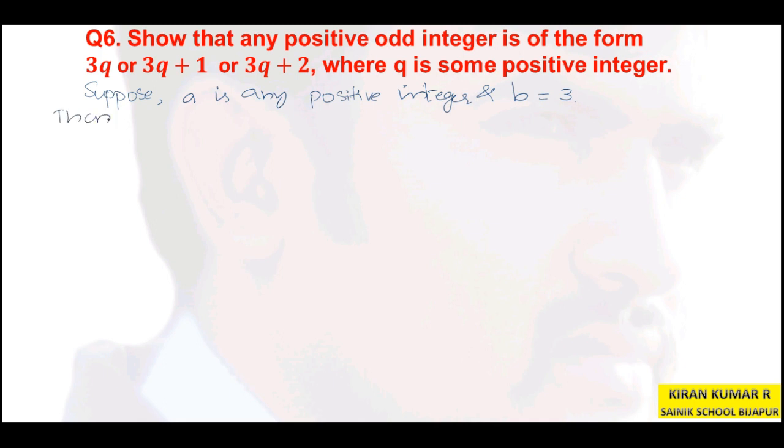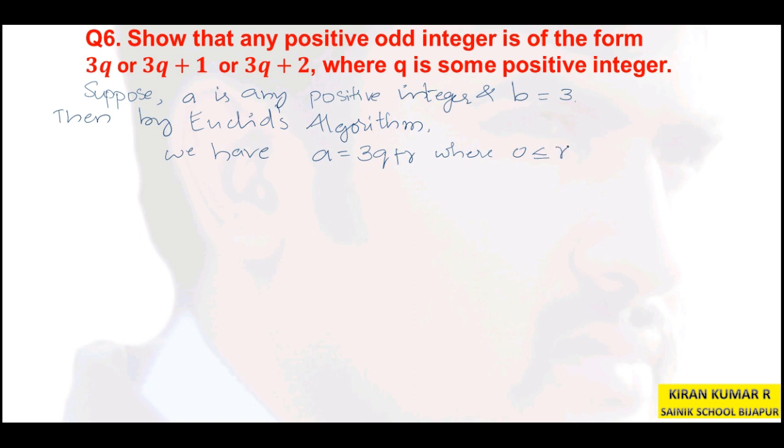Then by Euclid's algorithm, we have a is equal to 3q plus r, where 0 less than or equal to r less than 3.